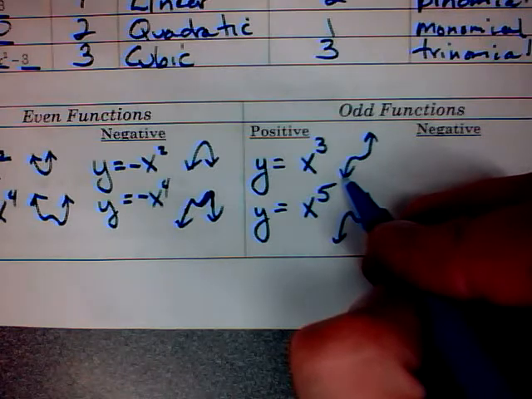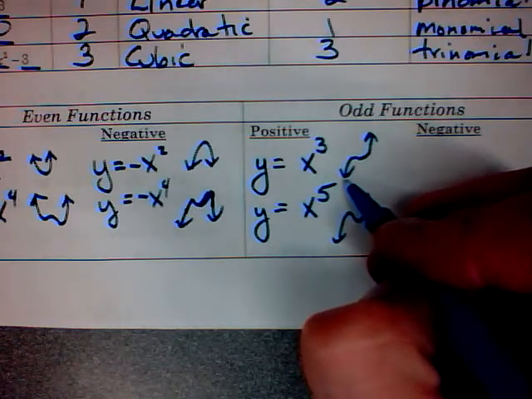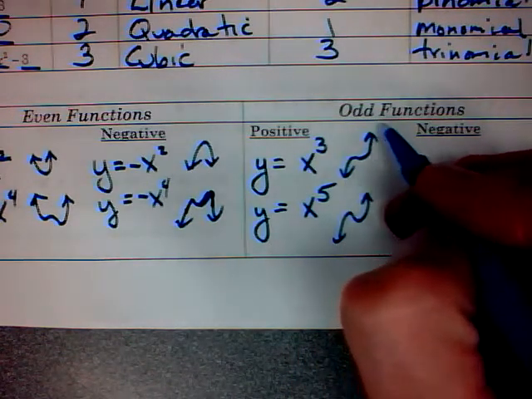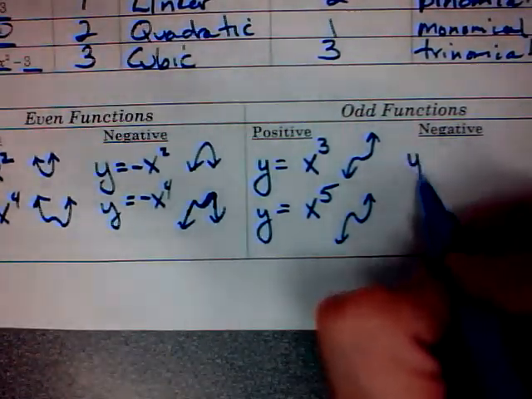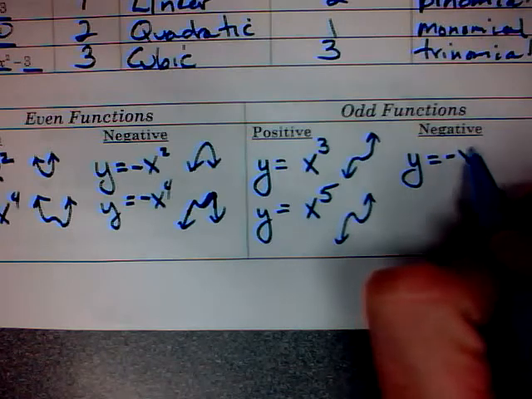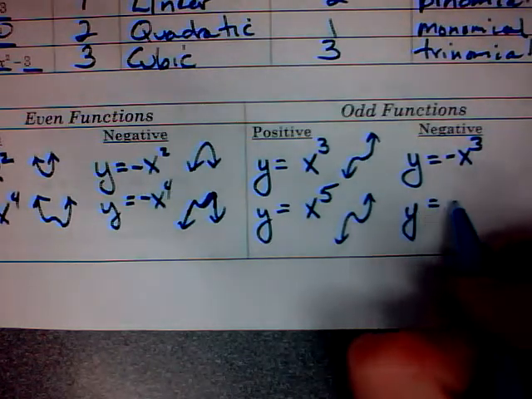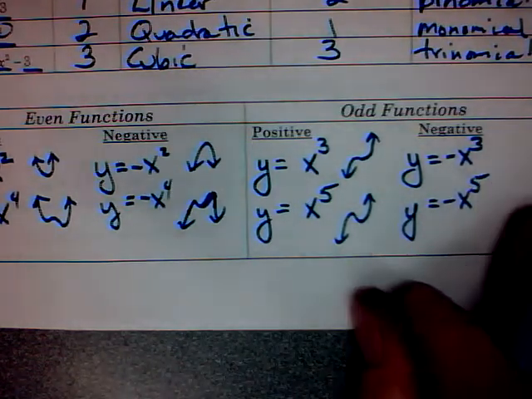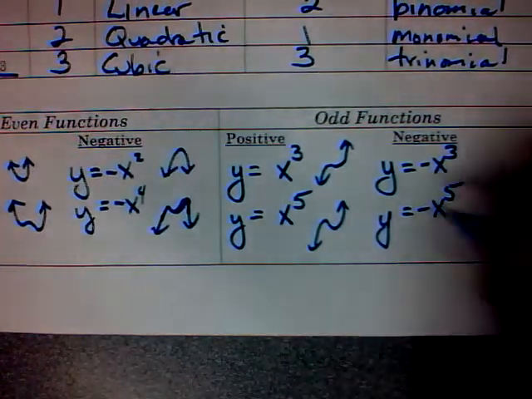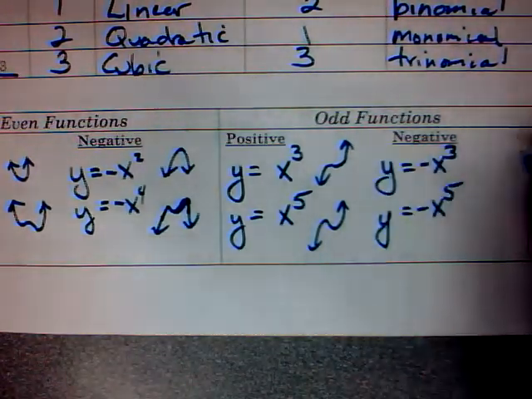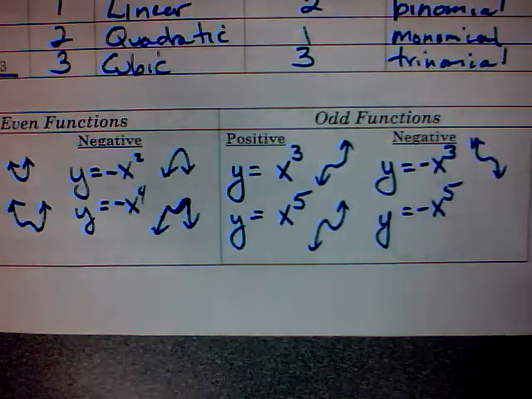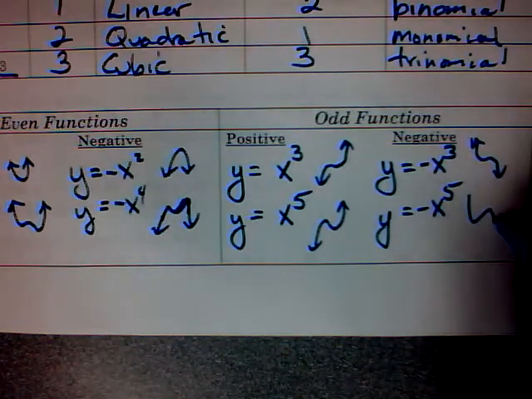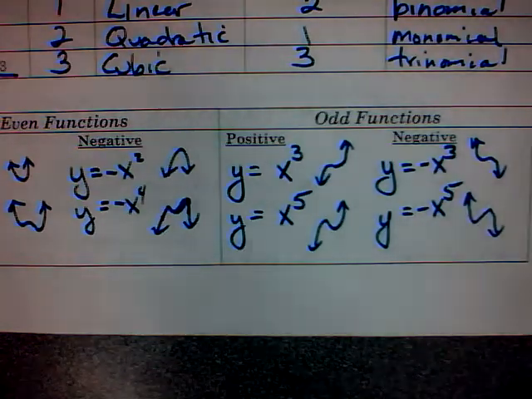What happens is it starts off at some negative values here, and then it increases as you go from left to right. Negative would be like y equals negative x cubed and y equals negative x to the fifth. And those functions basically just flip these upside down, so they would go the other way. They'd go from a positive down to a negative. And then this is usually just a little bit more exaggerated.